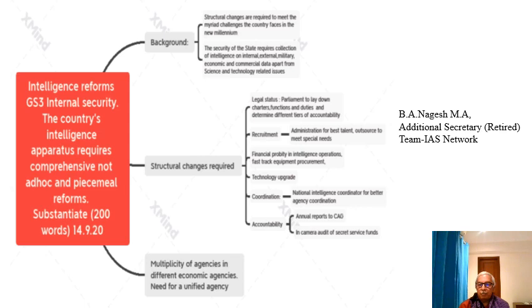You have cyber security, then you have the important agencies dealing with security, their mandate. Then you have money laundering.